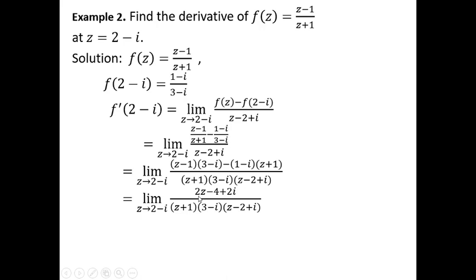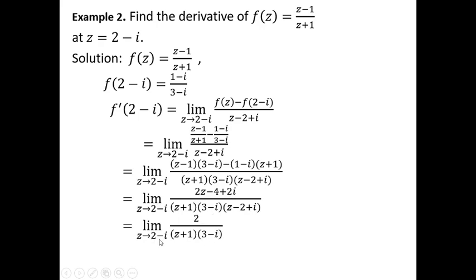After simplification we get 2z minus 4 plus 2i divided by the denominator. Here 2 is common. Take 2 outside, the remaining is z minus 2 plus i. This z minus 2 plus i gets cancelled. Remaining is 2 divided by (z plus 1)(3 minus i).